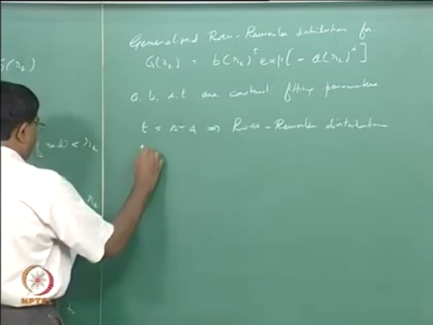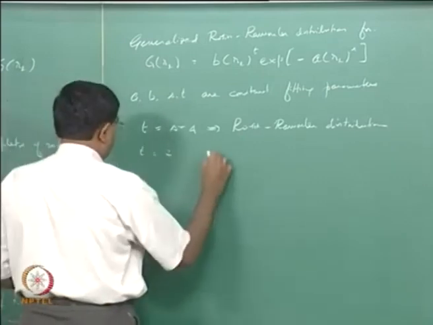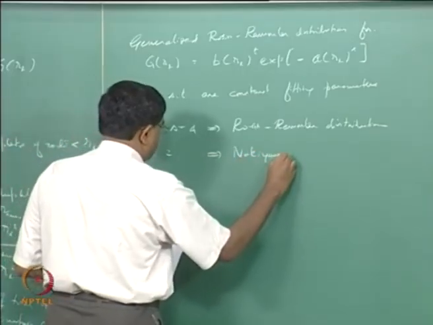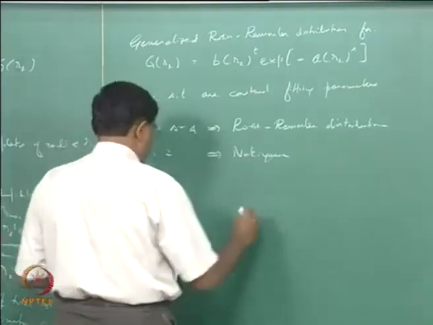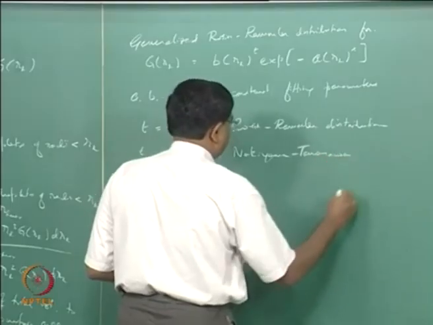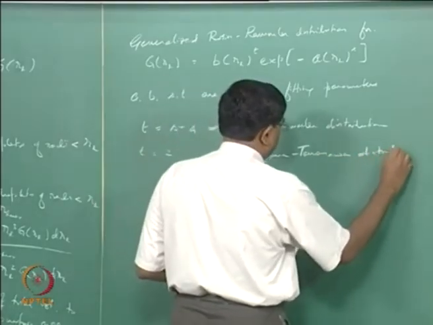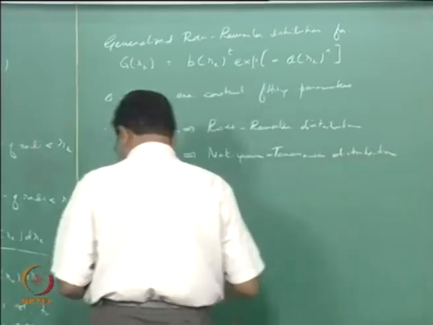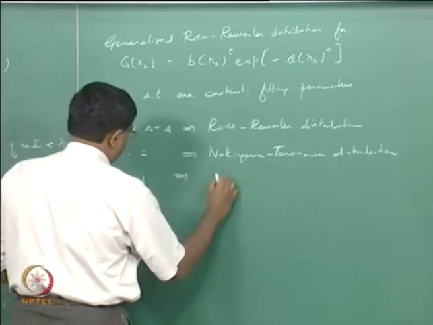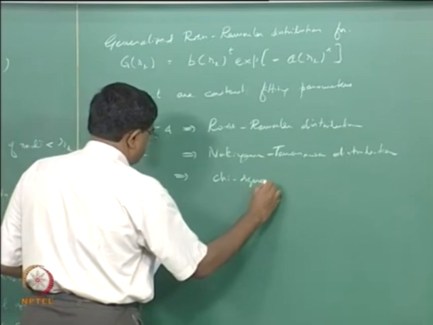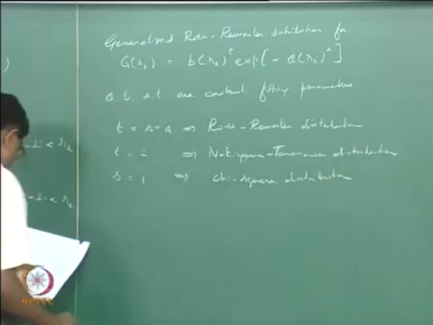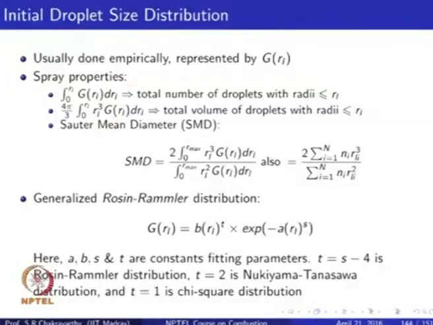T equals 2 corresponds to what is called the Nukiyama-Tanasawa distribution, and S equals 1 is what's called a chi-square distribution. And so on.